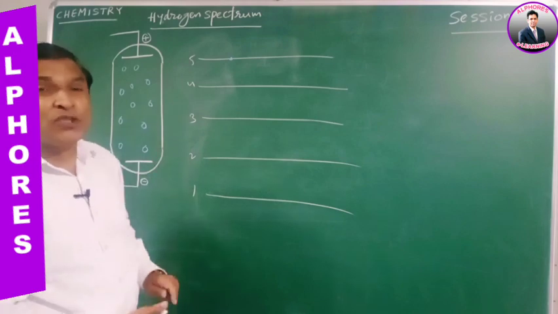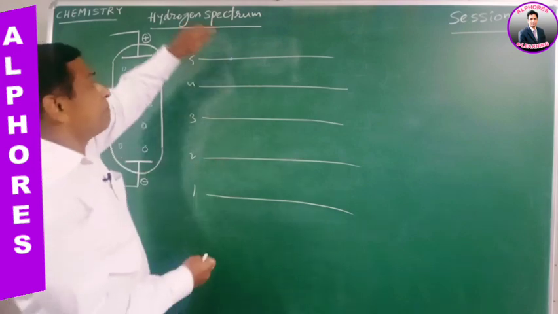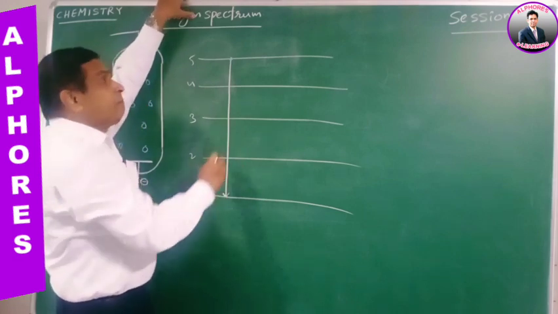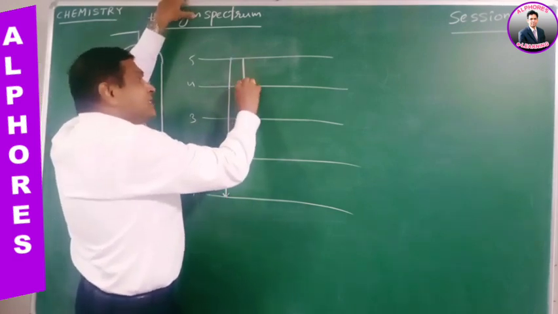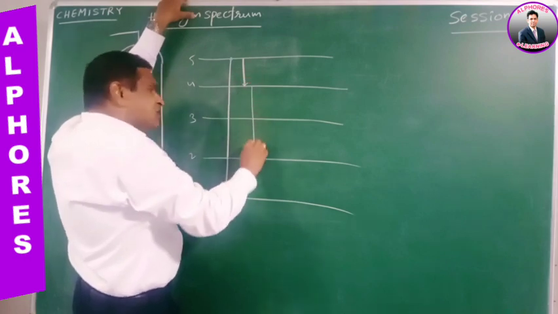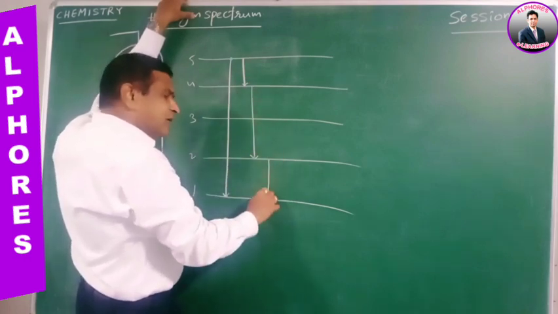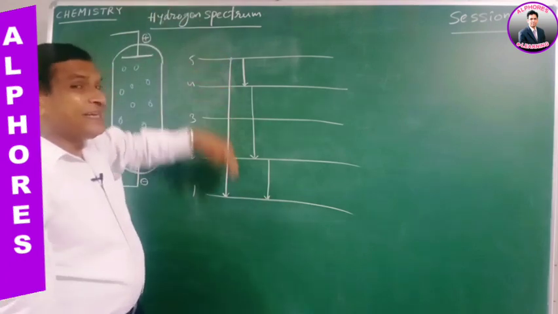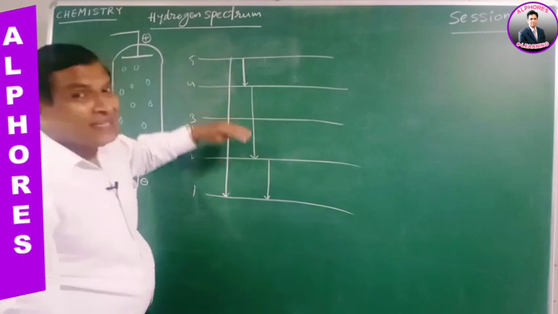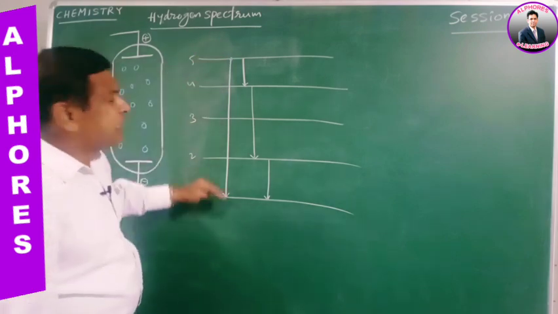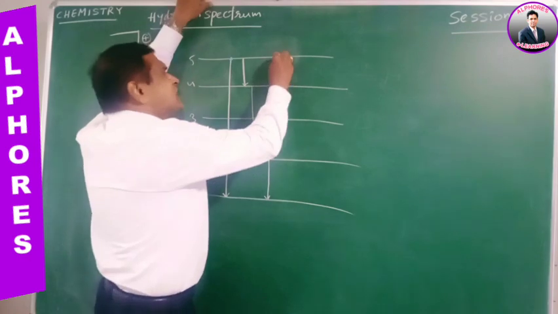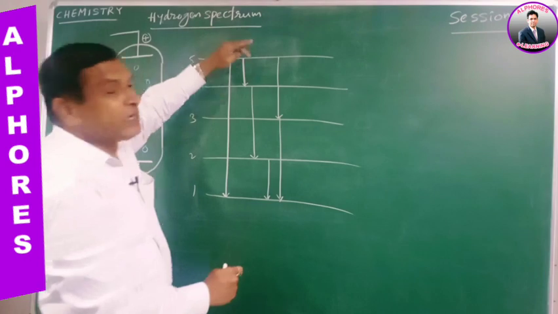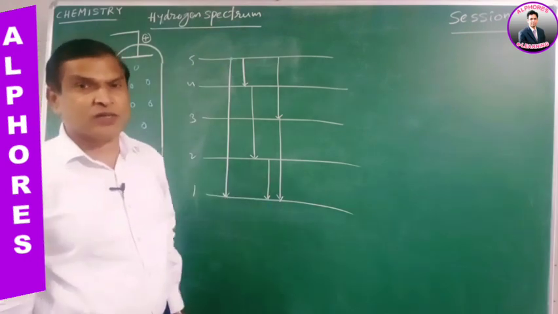The de-excitation of the excited electron may take place directly in one step, or the electron may get de-excited in several steps. But finally it should come to the ground state, that is the normal state.